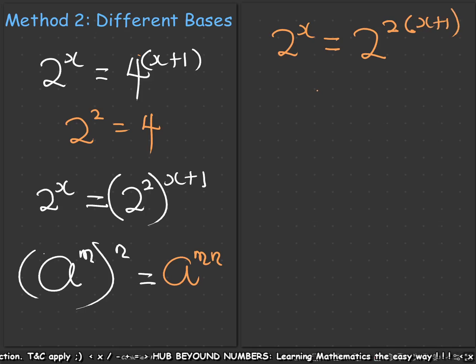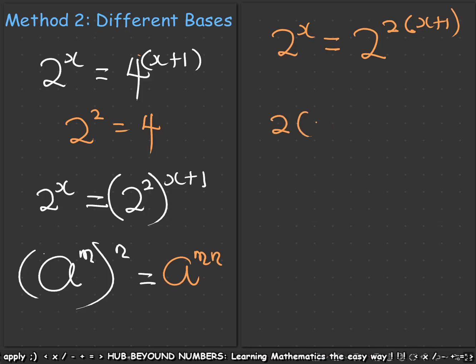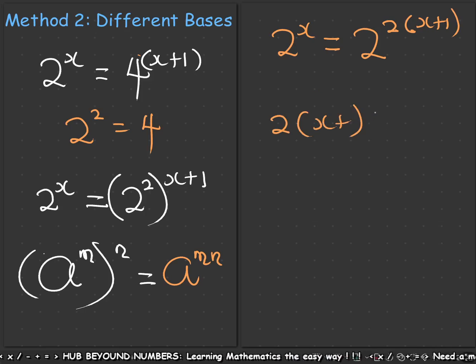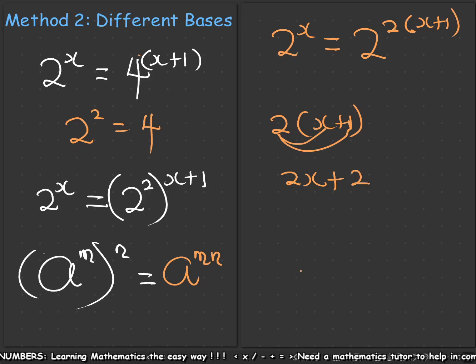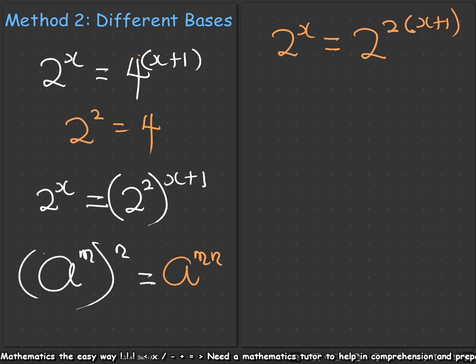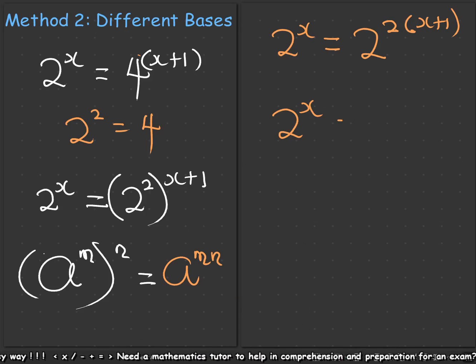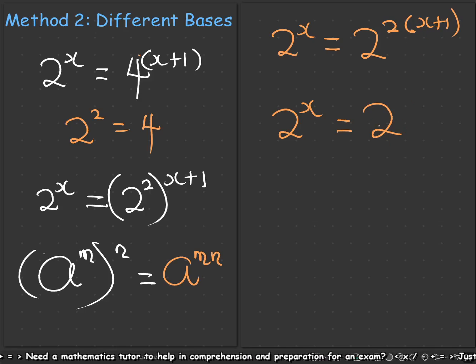If we distribute the 2, we have 2x plus 2. That is what we are going to apply. So we now have 2 to the power x being equal to 2 raised to the power 2x plus 2.